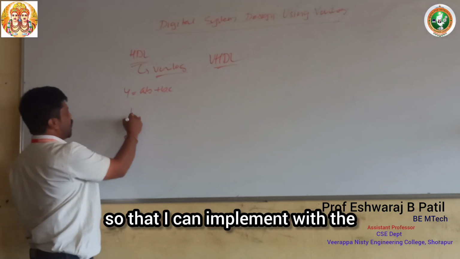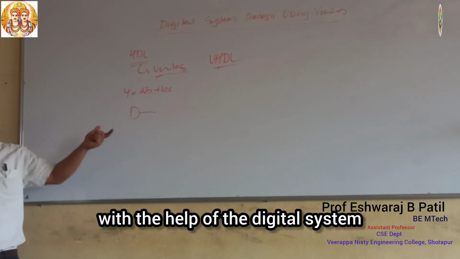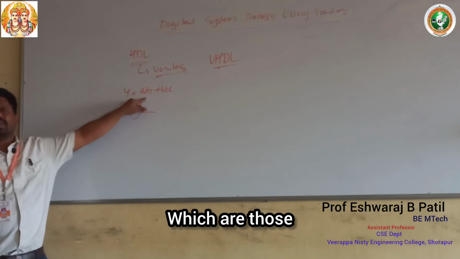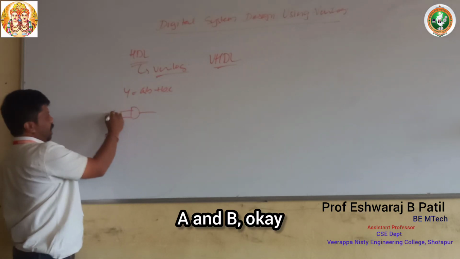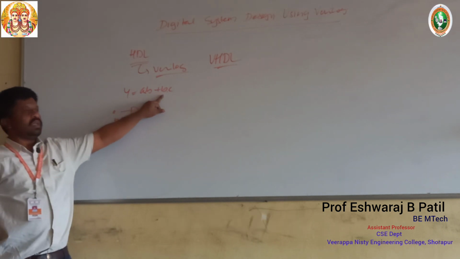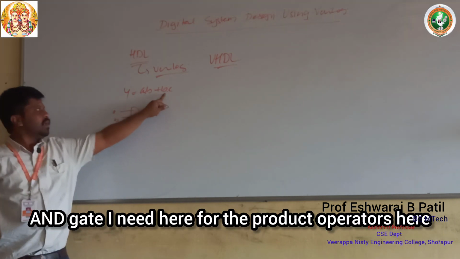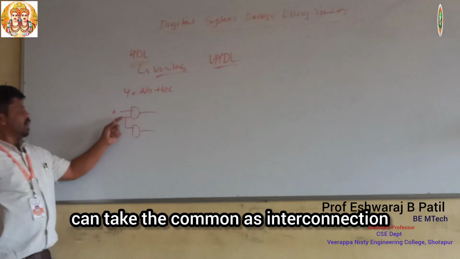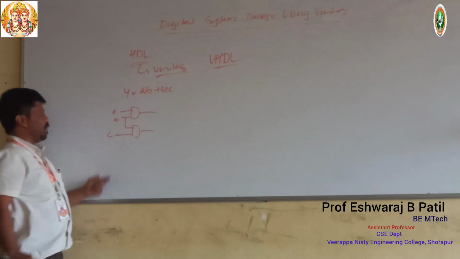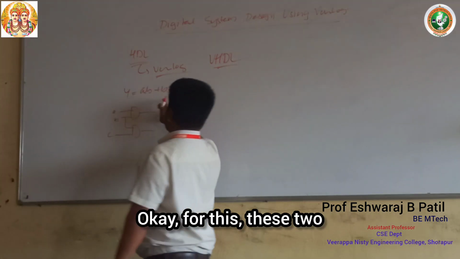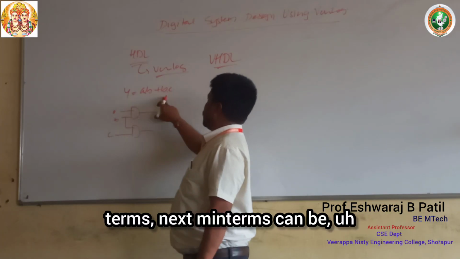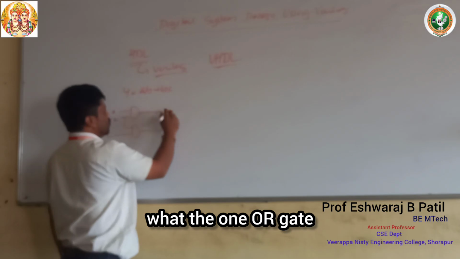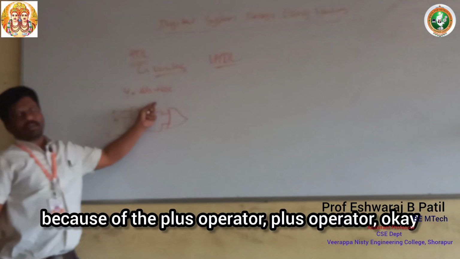The first AND gate has two inputs, A and B. One more AND gate is needed for the product operator, for BC. B can be taken as a common interconnection, and C is here. These two product terms can be taken together with the help of one OR gate, because of the plus operator.